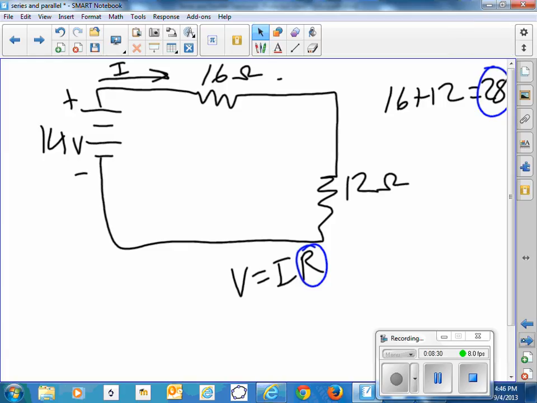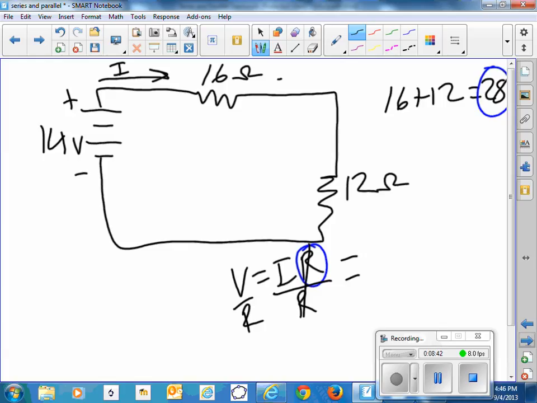To solve for current, we would divide by resistance. Current equals voltage divided by resistance. In this case, that would be the voltage of 14 and the 28 ohms. So that gives us 0.5 amps. So half an amp flows through a circuit that is 28 ohms when I hook up a 14-volt battery.